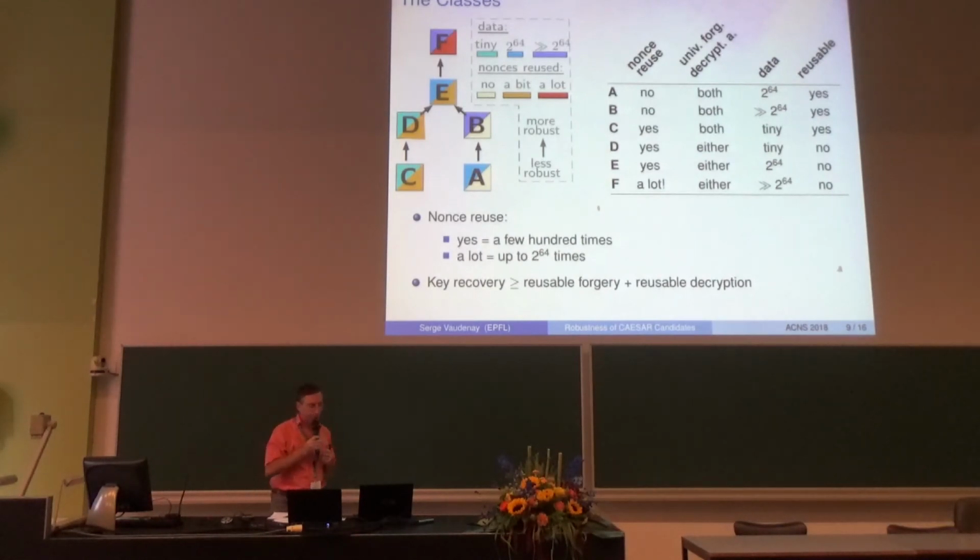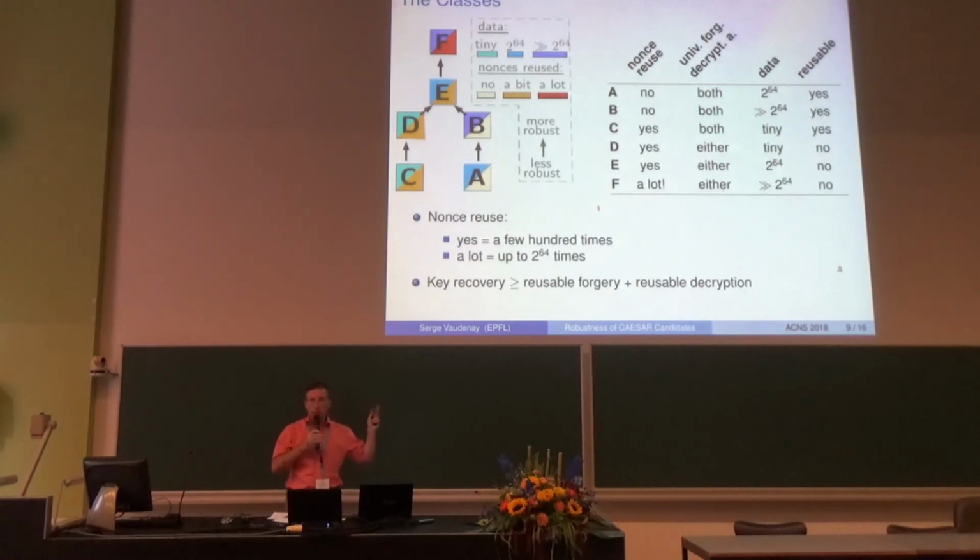In classes C and D, we have algorithms which are vulnerable to nonce reuse attacks with a low number of messages. In class C, we have algorithms which are vulnerable to very small nonce reuse and very small data complexity, and we require the attacks to be reusable, and we want to have universal forgery and decryption attack in class C. So we have all the types of attacks, which means that we can essentially break all security notions.